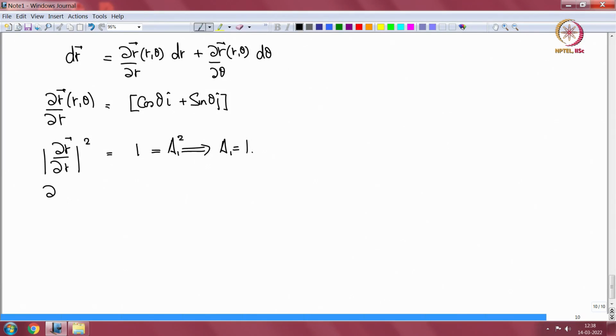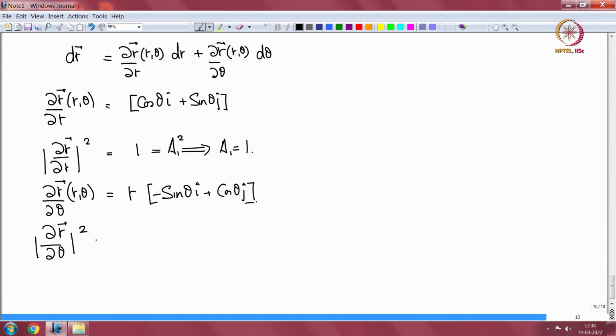What is del r by del theta? Of r, theta, that is equal to r times minus sin theta i plus cos theta j, and therefore the magnitude of del r by del theta squared is equal to r square.